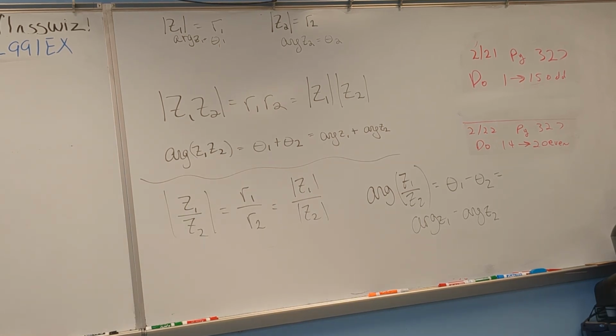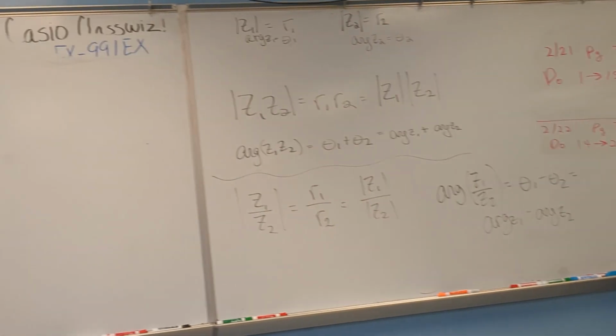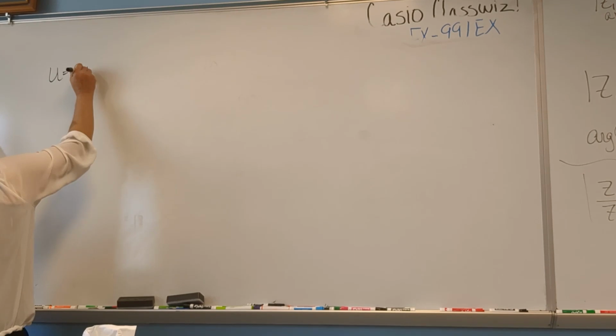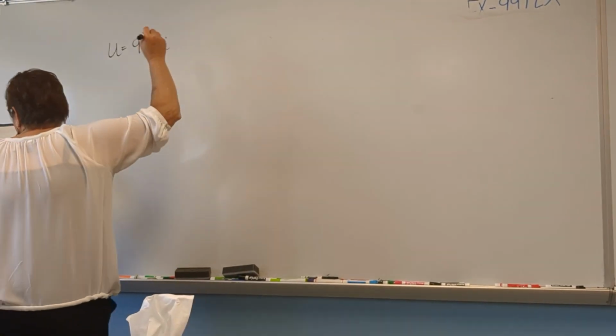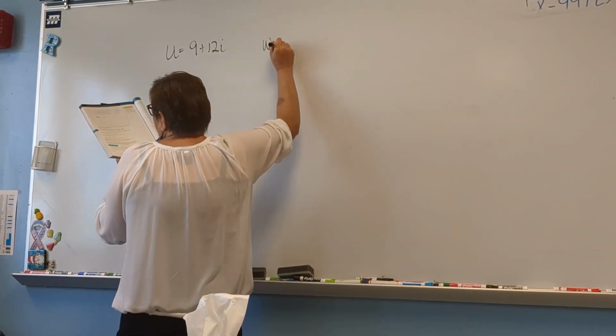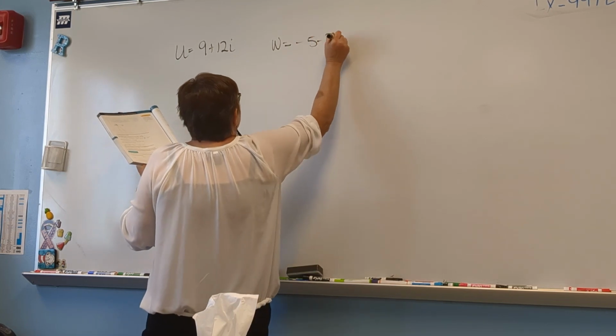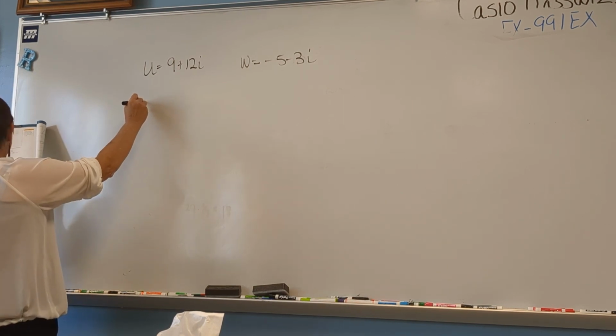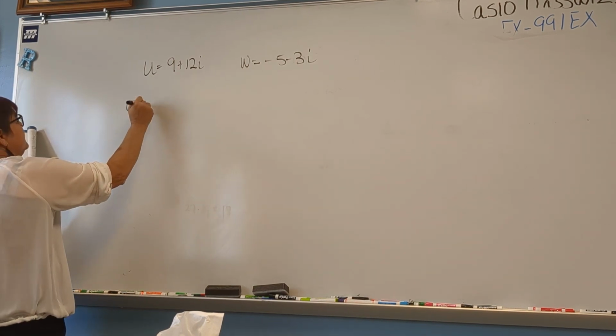So I'm going to give you two different ones. The first guy, U is equal to 9 plus 12i, and W is equal to -5 minus 3i. Okay, eventually we're going to find U times W.